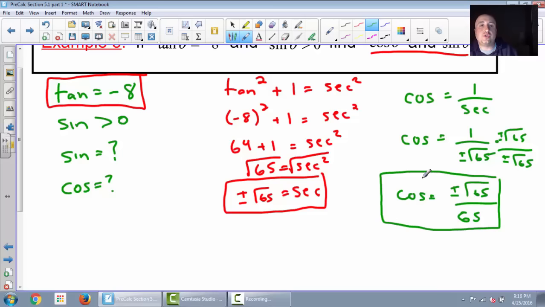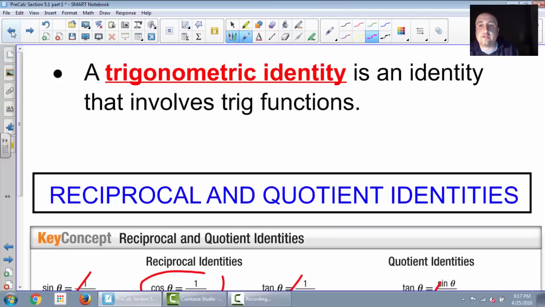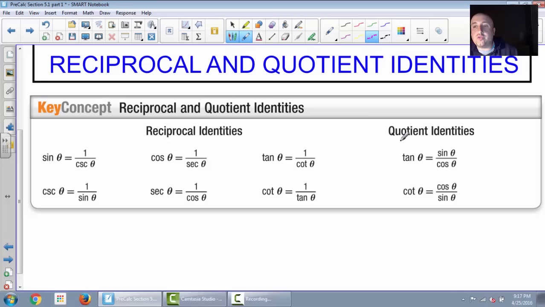All right, so now we know tangent and we know cosine. We are now looking for sine. So let's find a trig function that deals with tangent, cosine, and sine all together. I'm going to get rid of this. Notice we have tangent is equal to sine divided by cosine. That's the one we need to use.